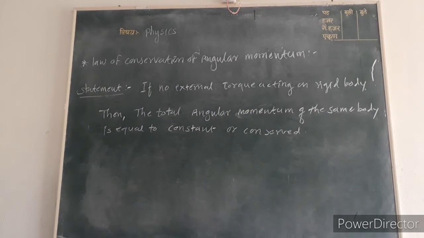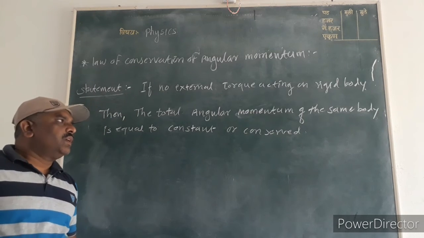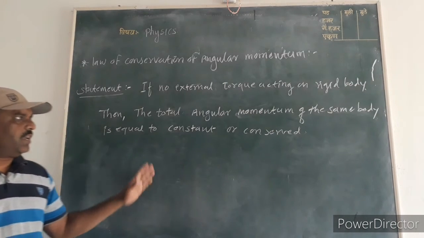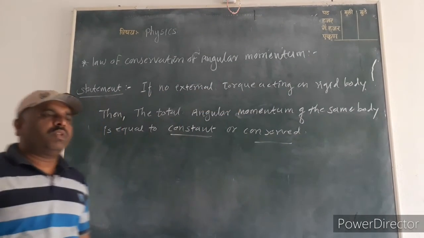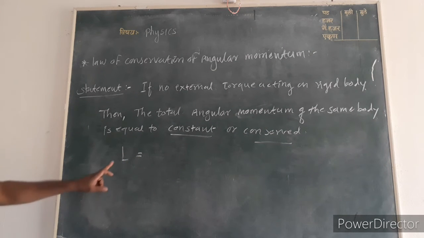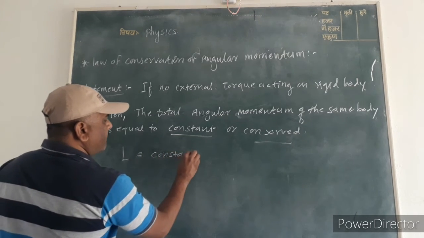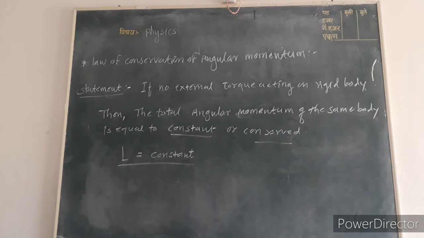This is the statement of the law of conservation of angular momentum. If no external torque acts on any rigid body, then the total angular momentum of that body is constant. We know that angular momentum is given as L, so L is equal to constant. This is called the law of conservation of angular momentum.